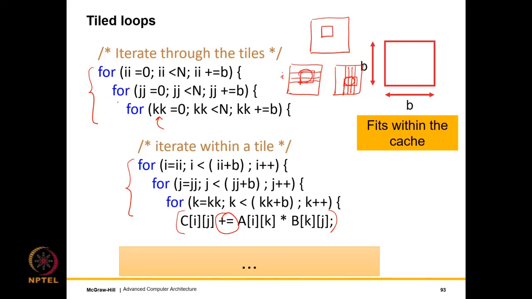So the number of iterations of the top three loops are essentially n cubed by b cubed. And the number of iterations of the bottom three for one given combination of this is essentially b cubed, b times b times b. So if I multiply both, we still have the n cube multiplications and no multiplication happens twice, right?